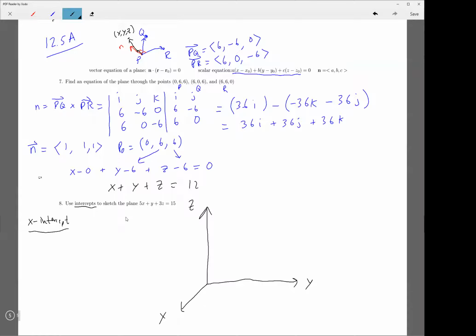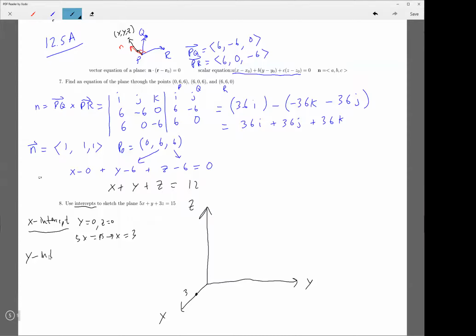But to find where it does, the x-intercept is the point where it cuts the x-axis. And to get that, you set y and z both equal to 0. Those are 0, and so you get 5x equals 15, which means that x is 3. That means it's going to cut through right here at 3.